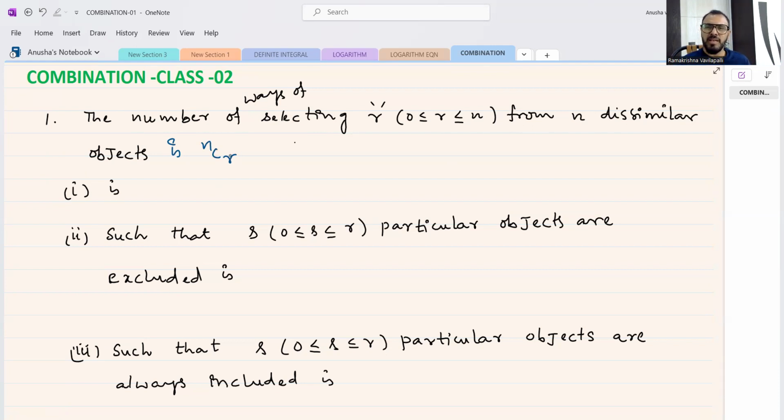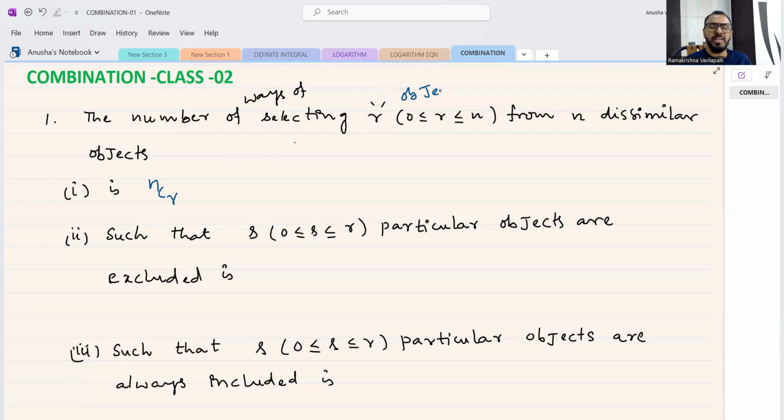Like the number of ways of selecting 2 balls out of 5 balls is 5C2. The number of ways of selecting 2 subjects out of 5 different subjects is 5C2. So this is nCr, the number of ways of selecting r objects out of n objects, all distinct.